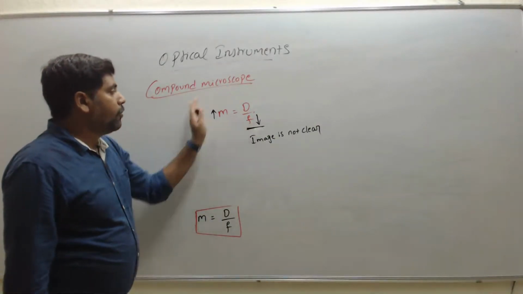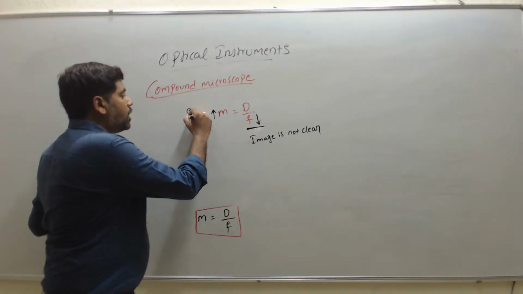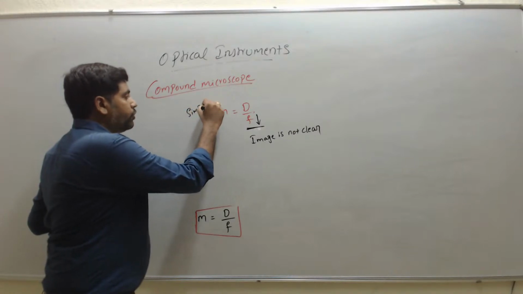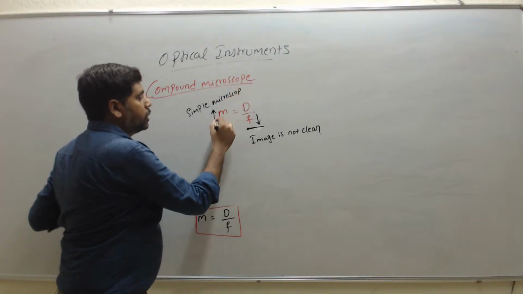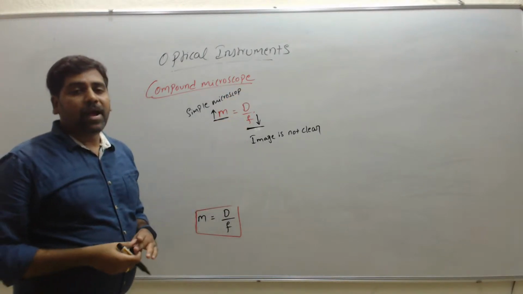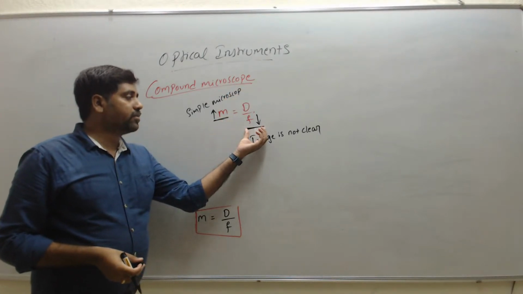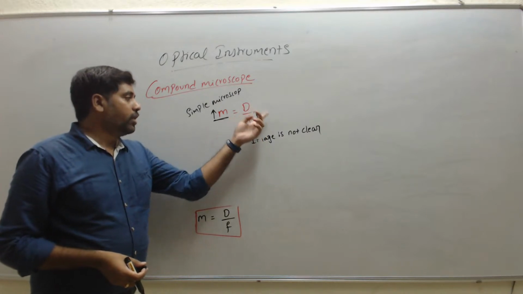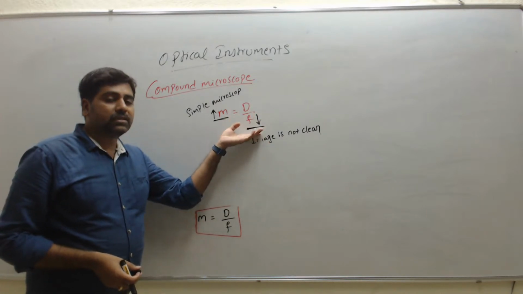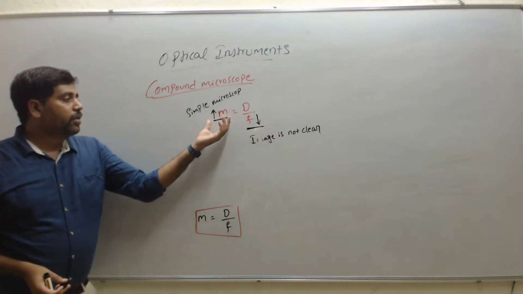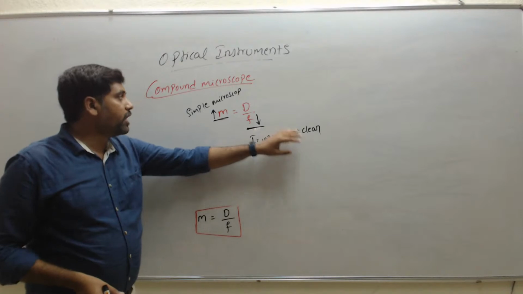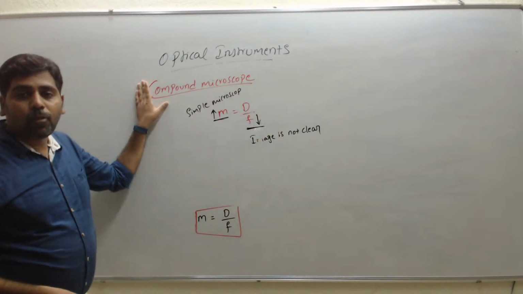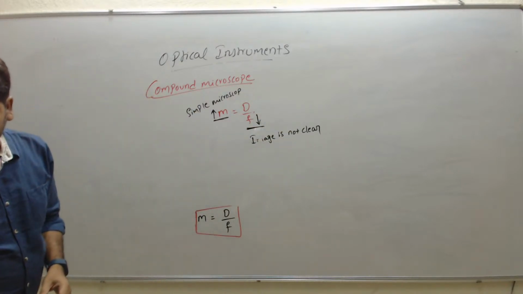The main drawback is that to increase the magnifying power we have to decrease the focal length, and then the image is not clear. That's why we use the compound microscope.